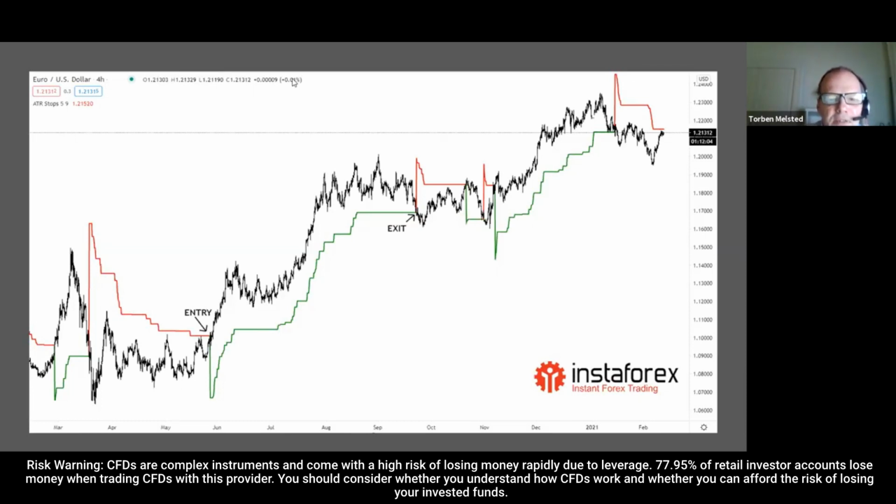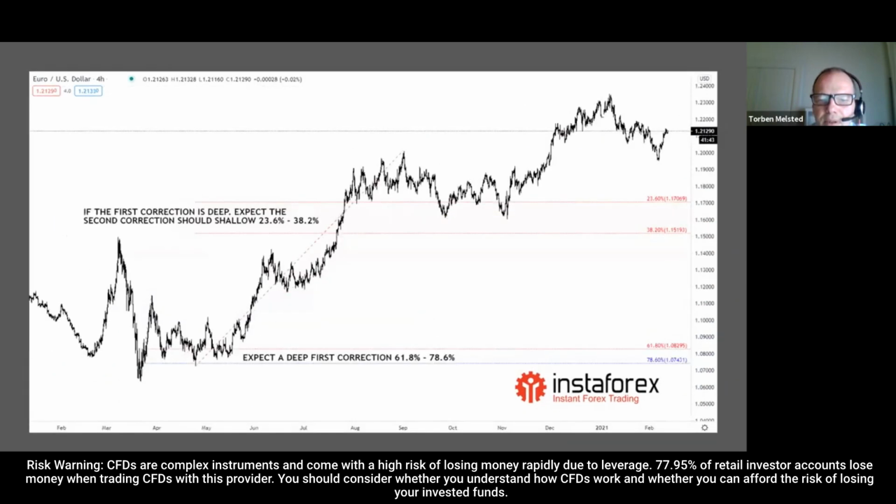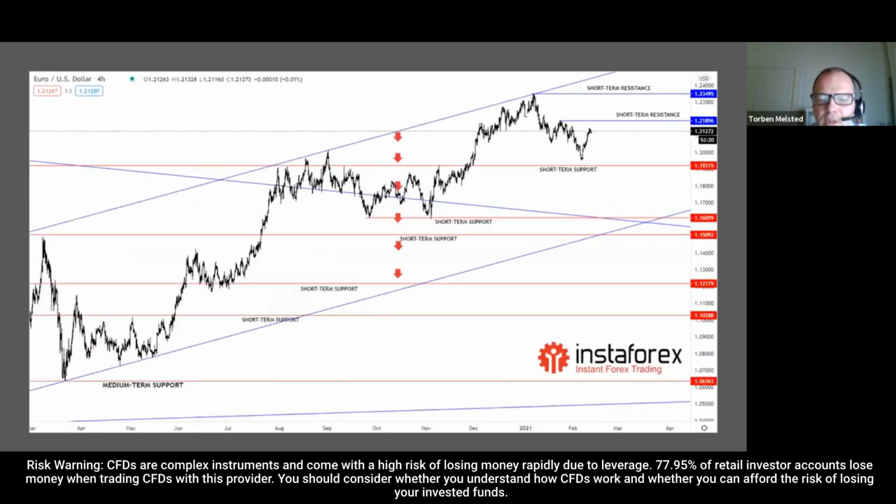Could you what chart are we on now? Is it the first ones, or is it the last ones here with the entry? Are we here at this or over here?